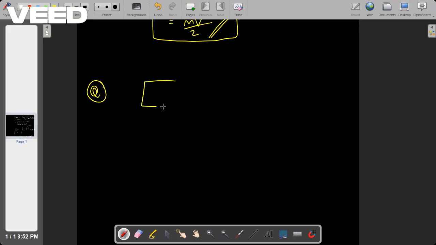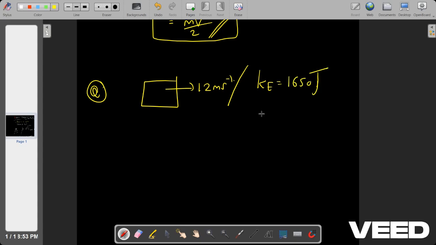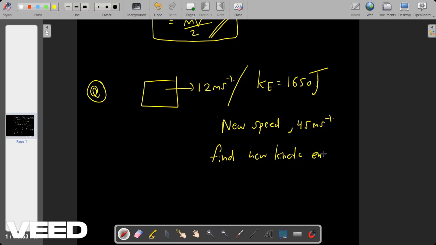There's a body traveling at 12 meters per second, and it has kinetic energy of 1650 joules, and it can increase the speed up to a new speed of 45 meters per second. Find the new kinetic energy.